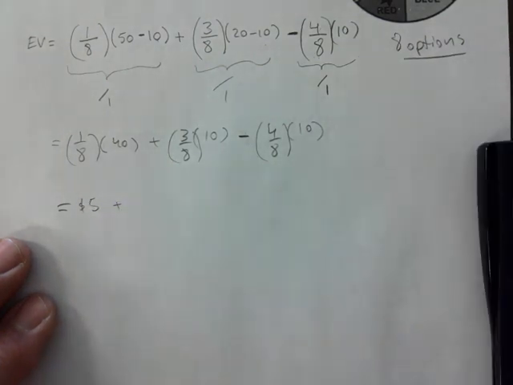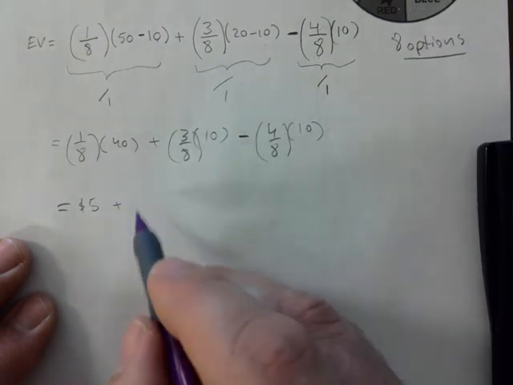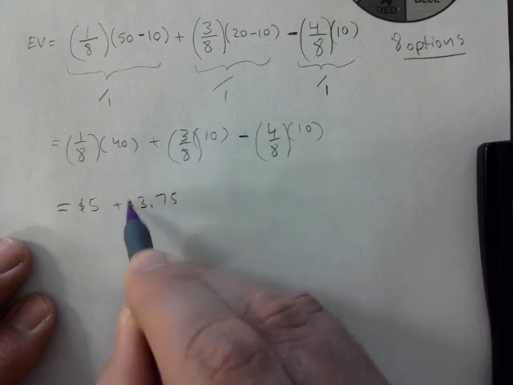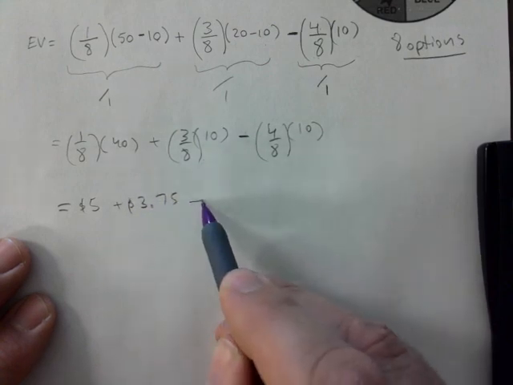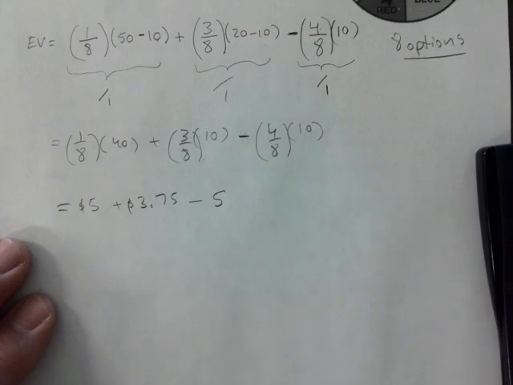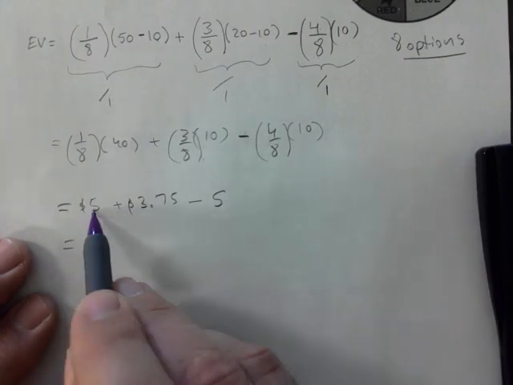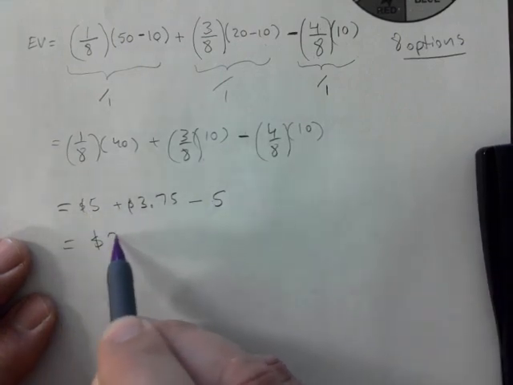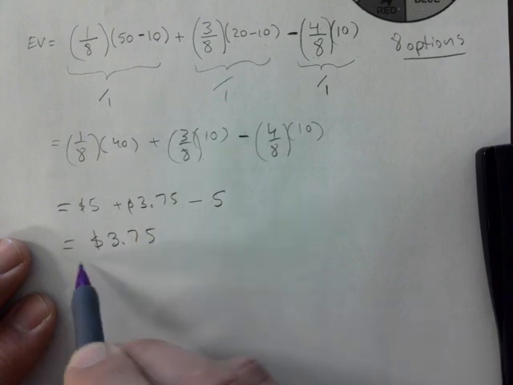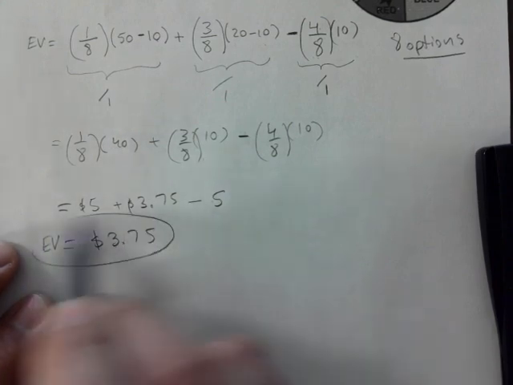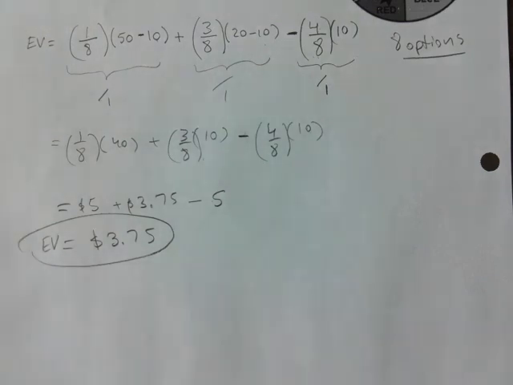And then it's 30 divided by 8. That's 3.75. This chunk minus 5. And I can tell you already, these are going to cancel out. So you actually end up with 3.75 positive.